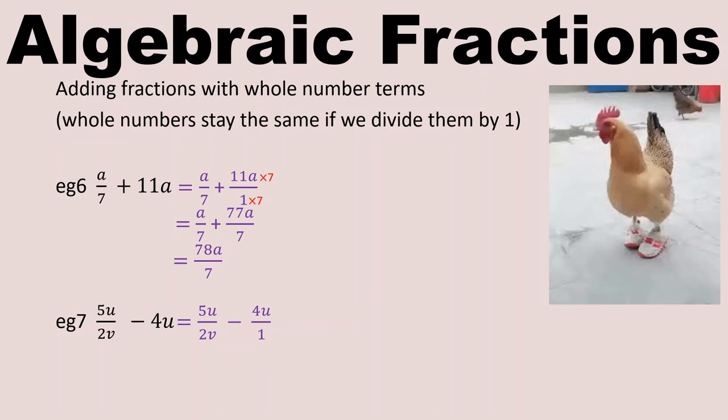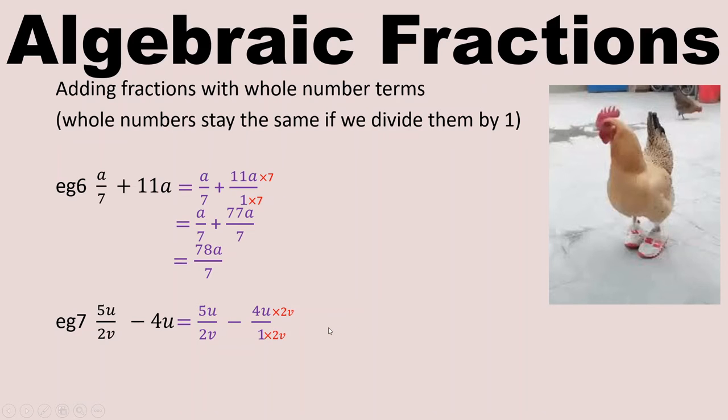Now let's get that common denominator. Even though the denominator is going to be an algebraic one with the letter v in it, it's very easy to match our denominators, because to get 2v as the denominator for our second fraction, we just need to multiply 1 by 2v. So we'll also multiply the 4u by 2v.